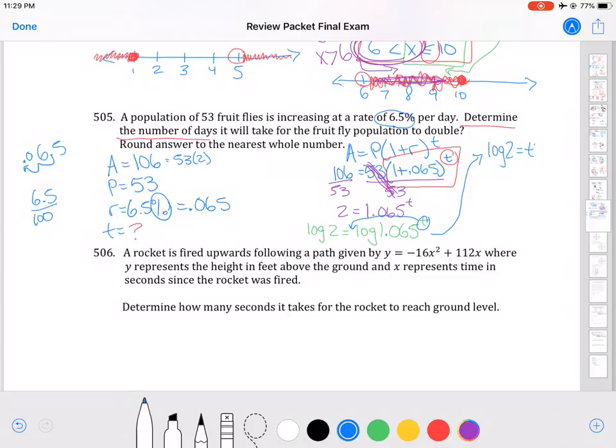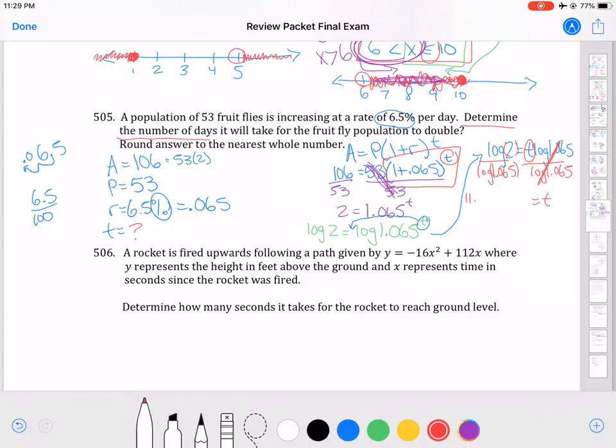So the log of 2 carries over, the T comes down in front, and it's the log of 1.065. Now, if I'm trying to get T by itself, T is being multiplied by the log of 1.065, so I'm going to divide by the log of 1.065. So these cancel. It leaves me with T by itself, and remember, when you hit log, it opens the parentheses. You have to close the parentheses before you divide.